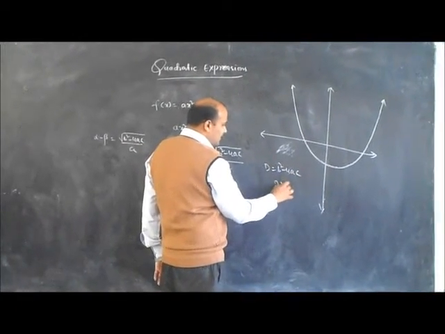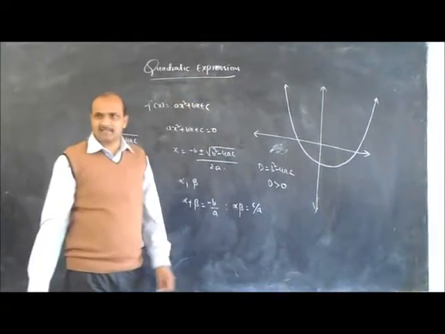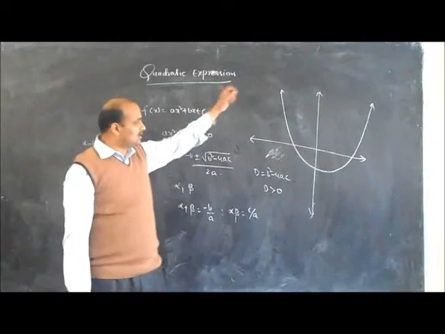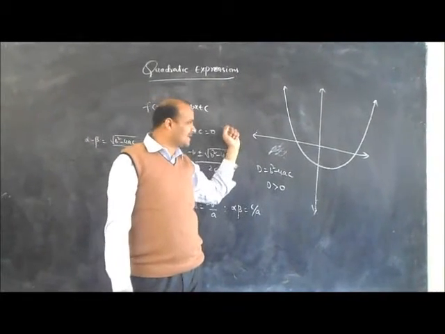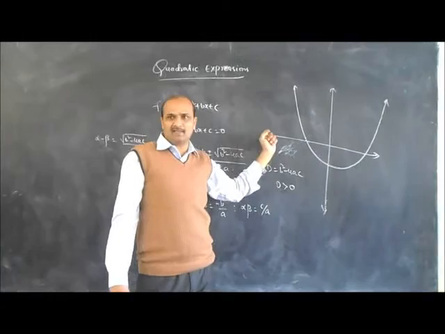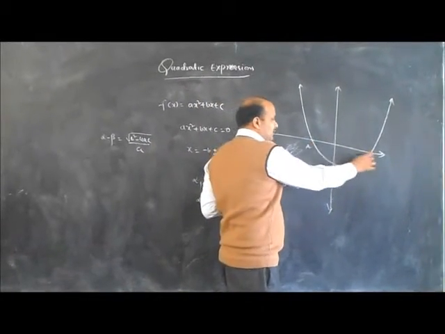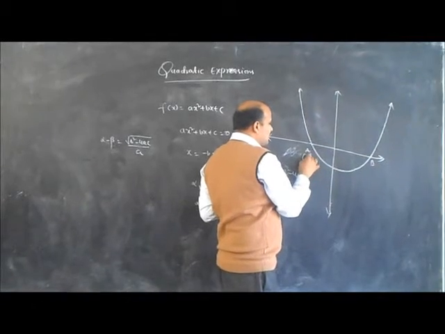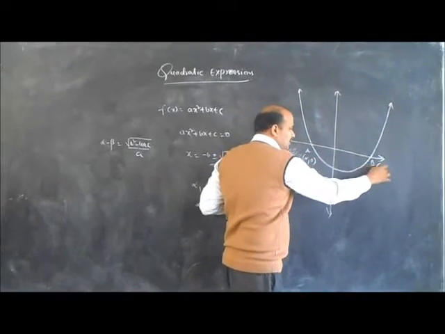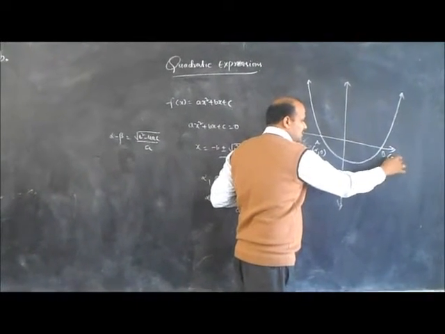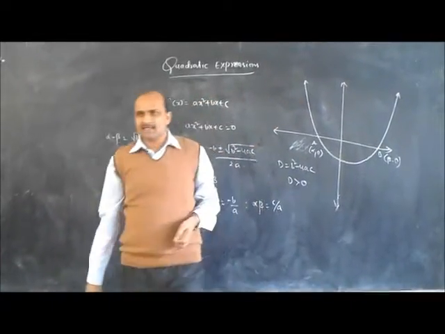When d is greater than 0, the roots are real and distinct. Means the graph intersects the x-axis at two distinct points. One root is alpha comma 0, the other root is beta comma 0. These are the two distinct roots.